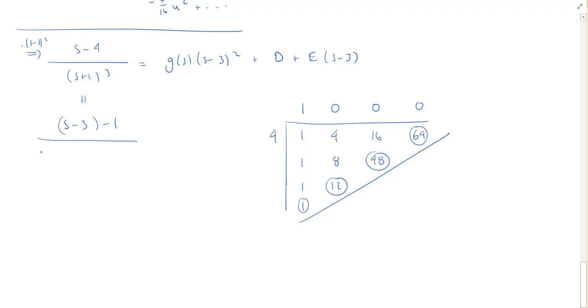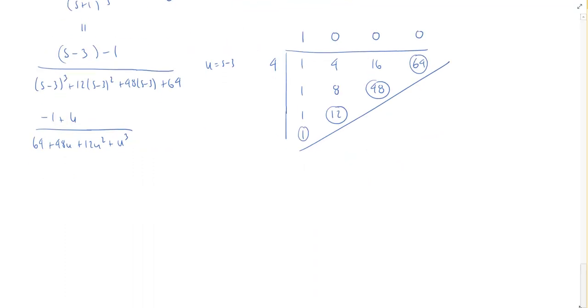So this denominator becomes S minus 3 cubed plus 12 S minus 3 squared plus 48 S minus 3 plus 64. And again, I'll use a substitution to simplify this so it looks like negative 1 plus u over 64 plus 48u plus 12u squared plus u cubed.